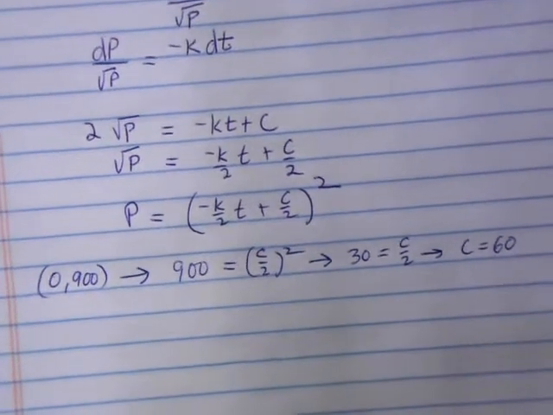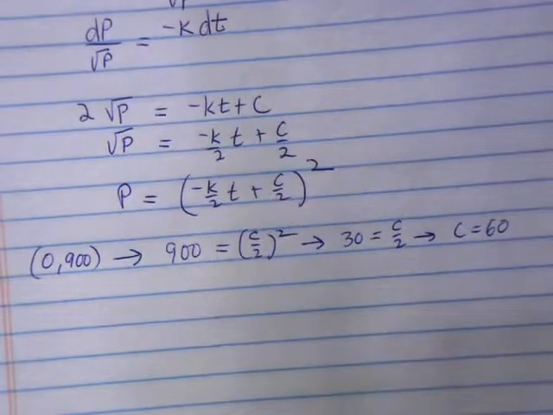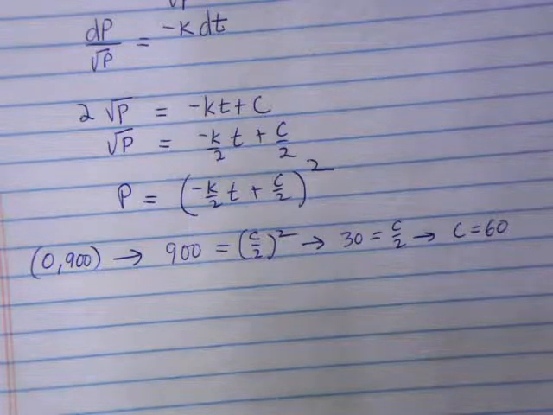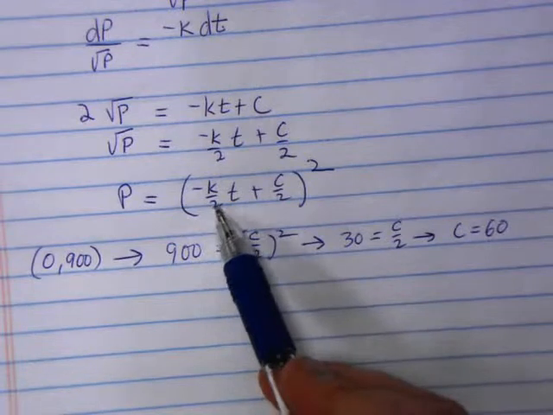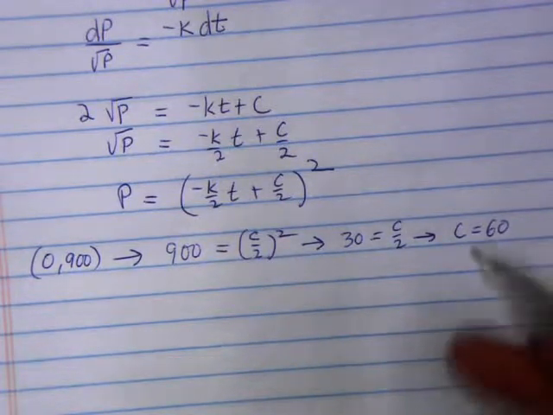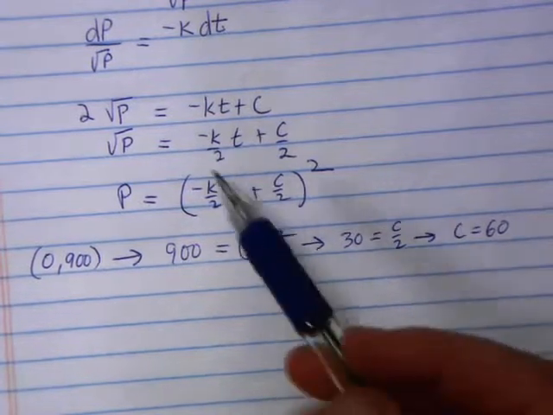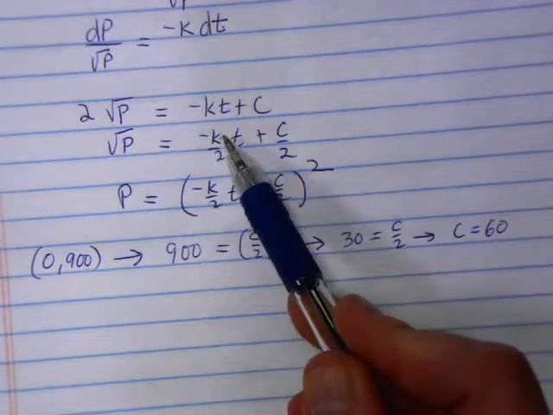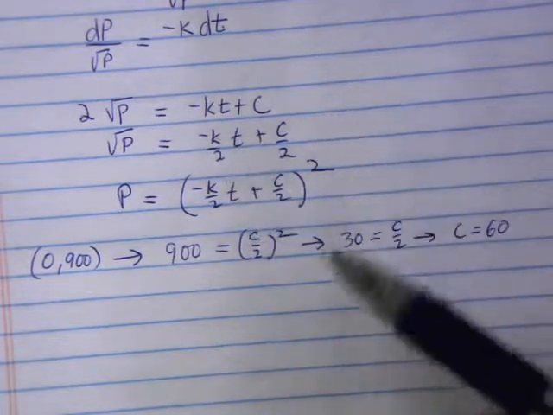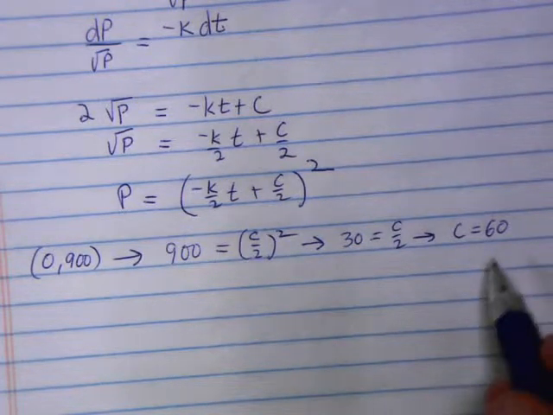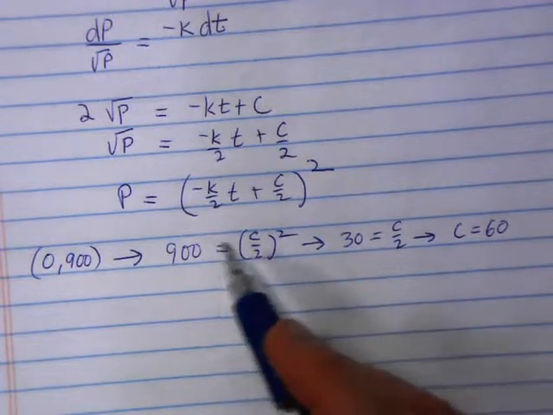So if we had just made c over 2 into c, we would still have gotten c equals 30. Yeah, but it's going to balance out because we have the k over 2 also. It wouldn't matter, it would all balance out in the end. So I'm going to leave mine on 30. Because k was just a number, I could have just left it as k. Anyway, it's all going to work out in the end, as long as you're consistent.